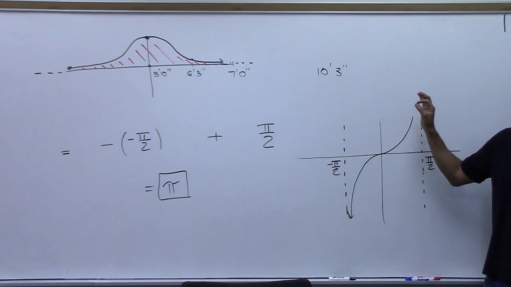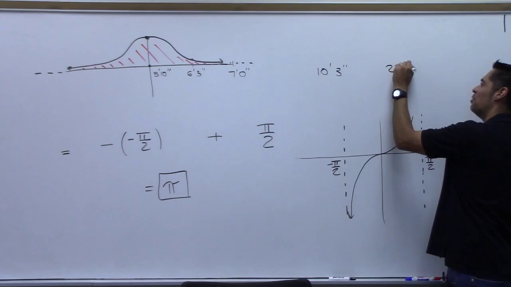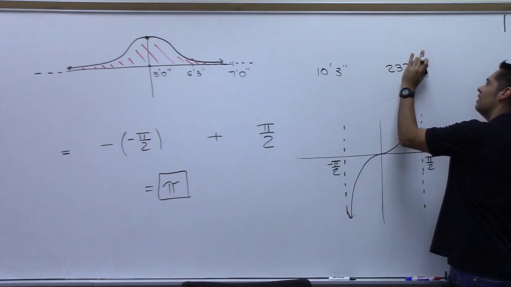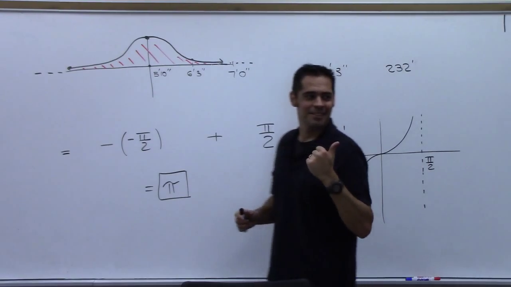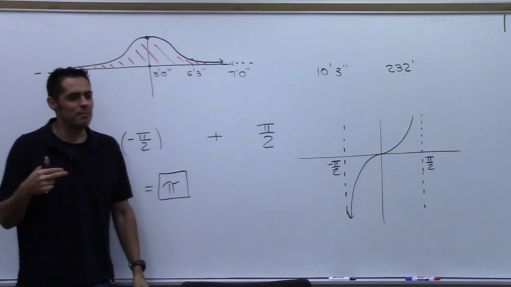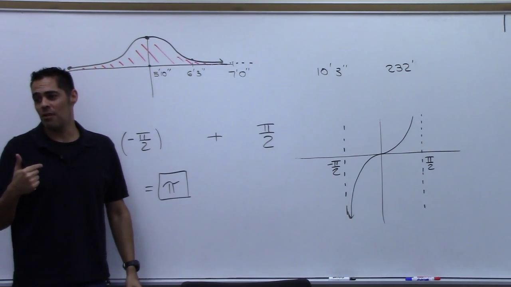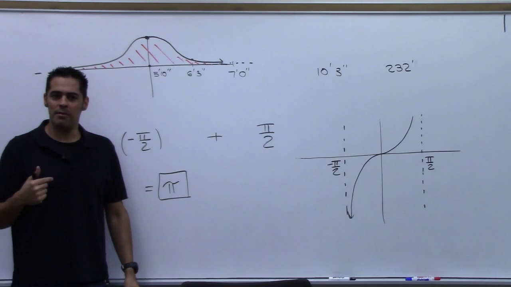It's possible. Now, what about that 232-foot man? There's never been a 232-foot man as far as we know, right? Can you say that the probability that it would ever happen is 0?